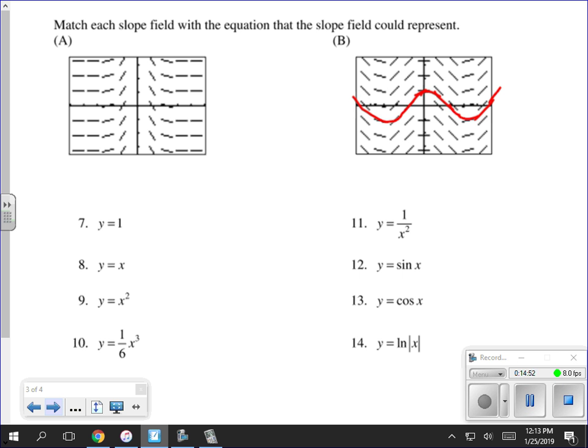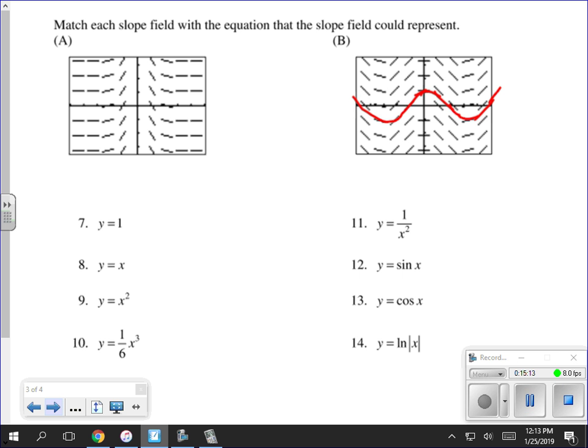sine or a cosine. Now the problem with sine or cosine is they're essentially the same thing. The only difference is at the origin. The sine passes through the origin diagonally. Cosine does not. The cosine of 0, the sine of 0.